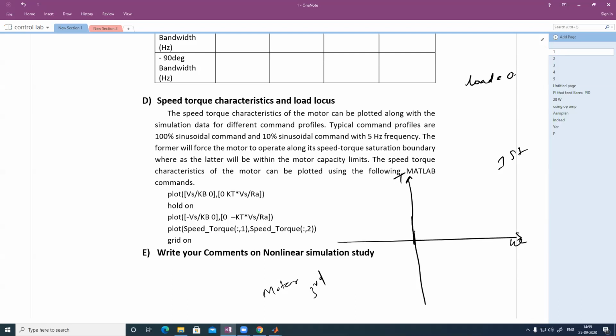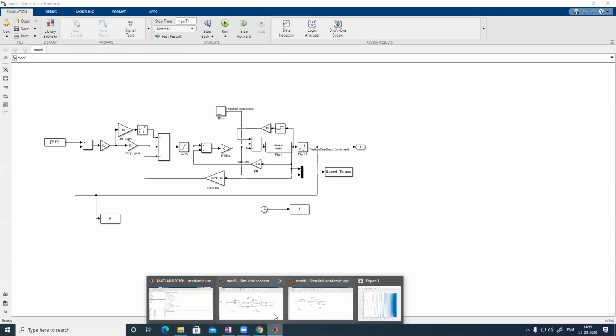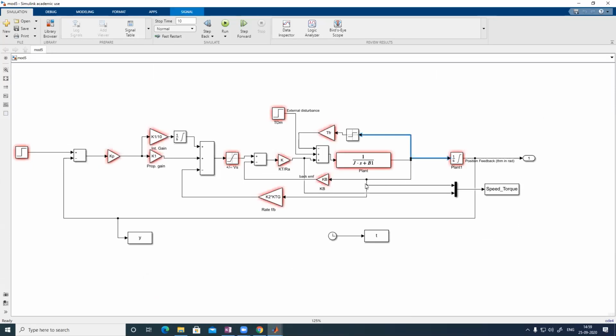So the equation for omega. In model number 5, the first line here is coming as speed, and from this, kt by Ra multiplied by this voltage will give you maximum torque.